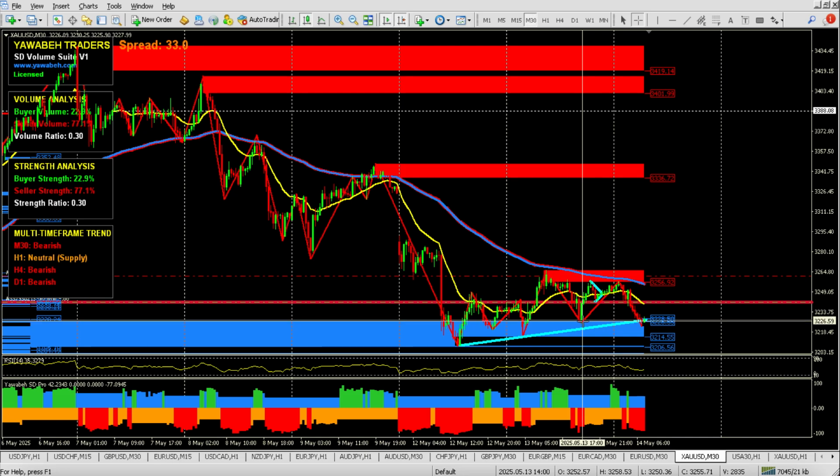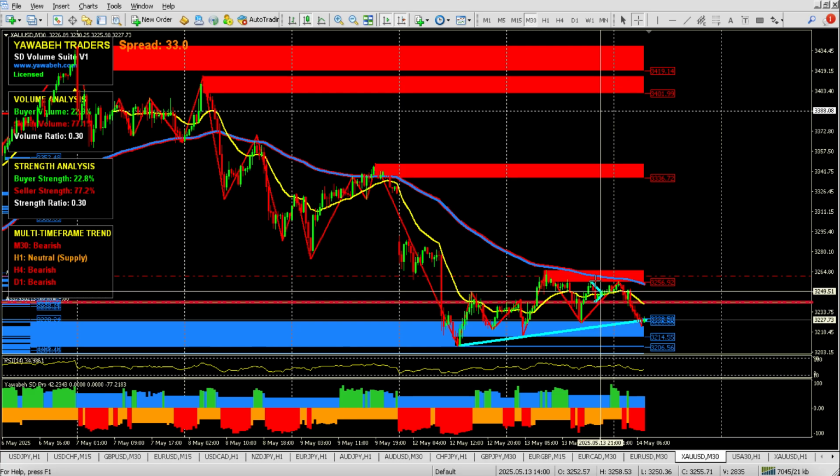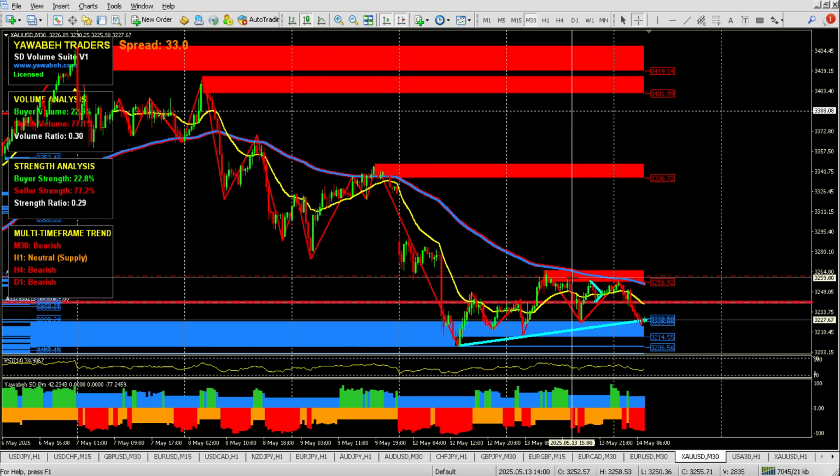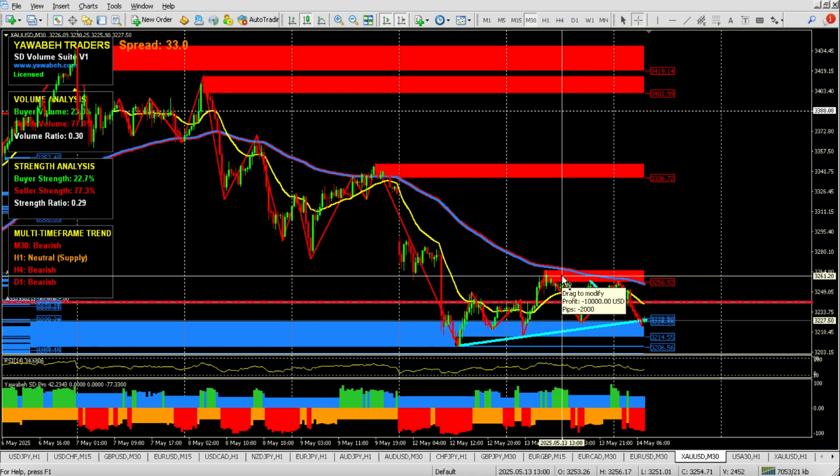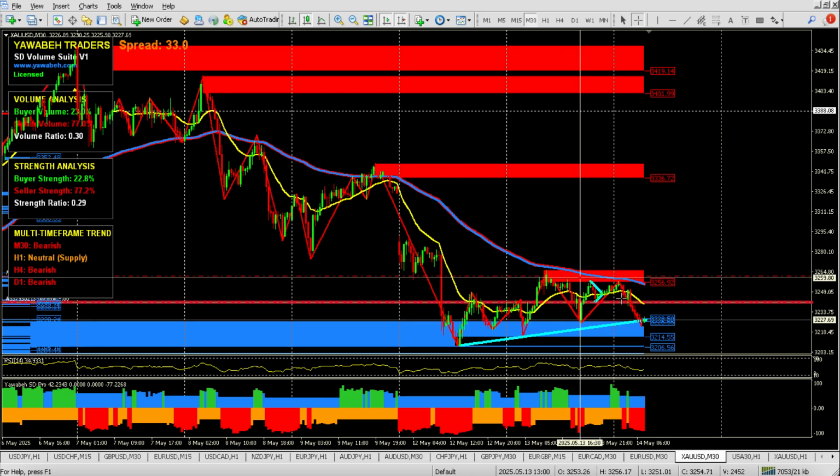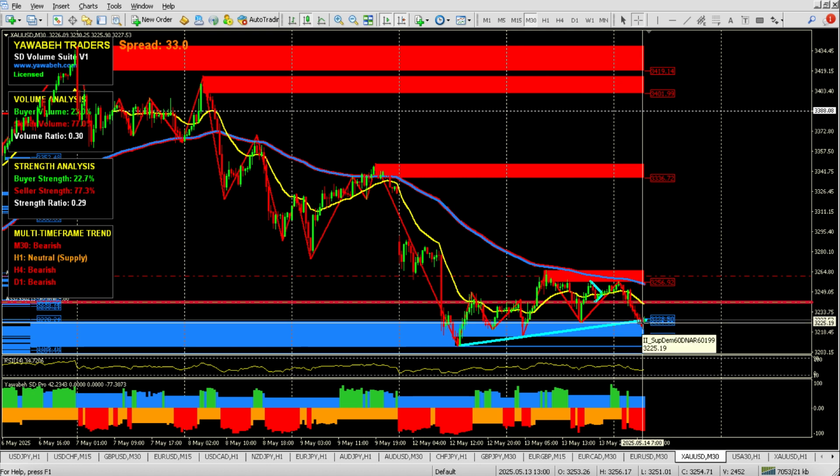Because of the hidden demand in this area, the market continued pushing upside, and then there is a resistance level. Of course, the sellers were entering the market at this level, and they pushed the market downwards again, and the market is now testing this zone around 5 times.